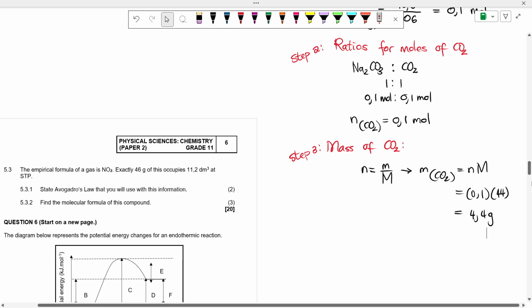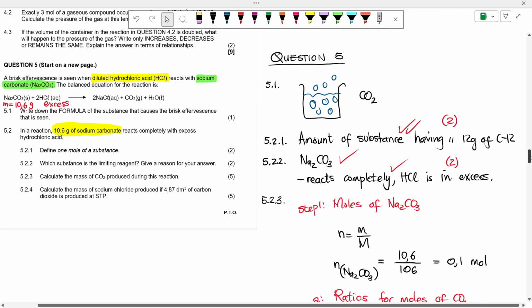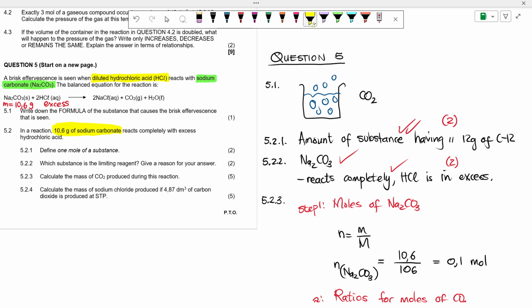Then we'll go to question number 5.2.4. Calculate the mass of sodium chloride if 4,87 decimeter cubed of carbon dioxide is produced at STP. Okay, calculate the mass of sodium chloride if we produce this amount of carbon dioxide at STP.